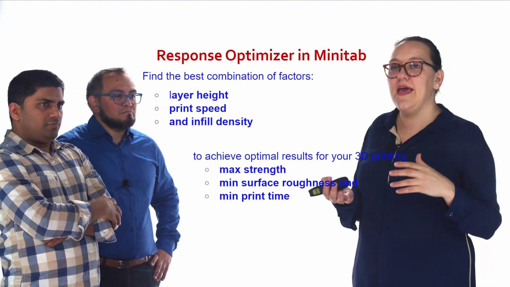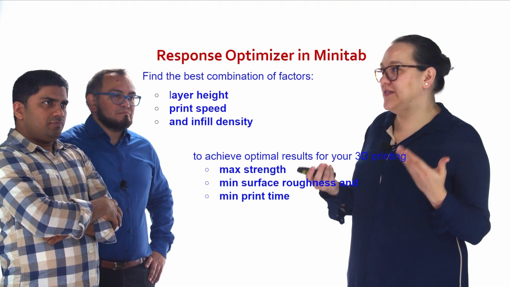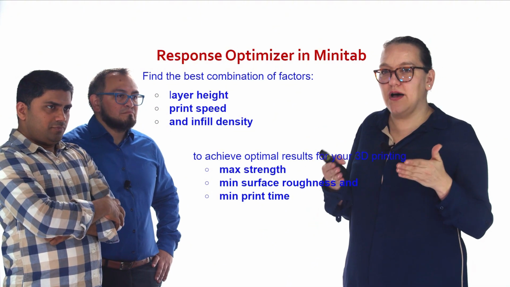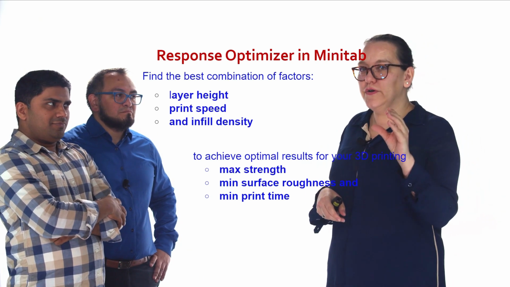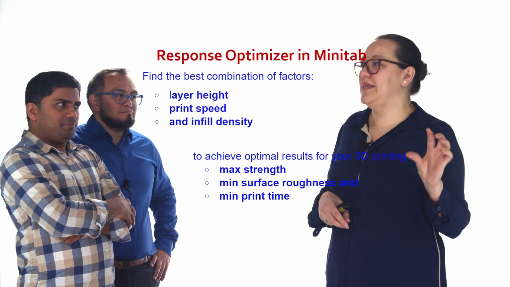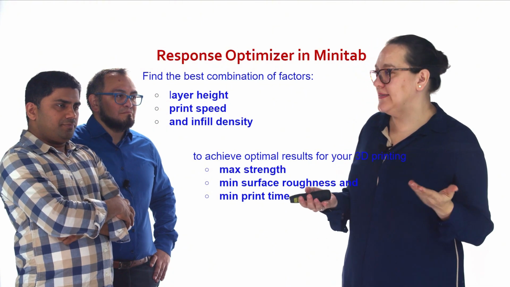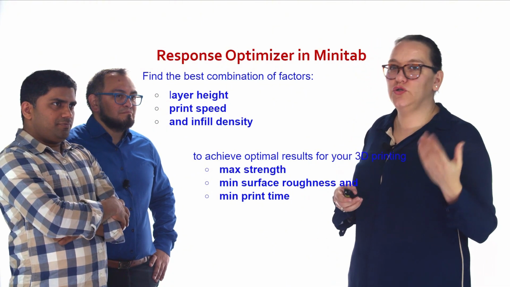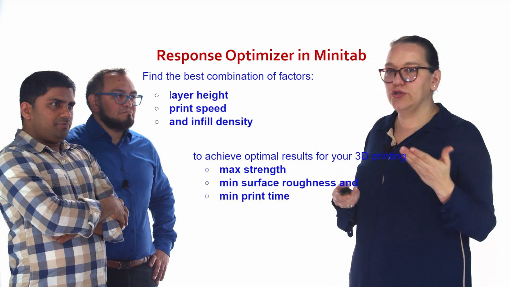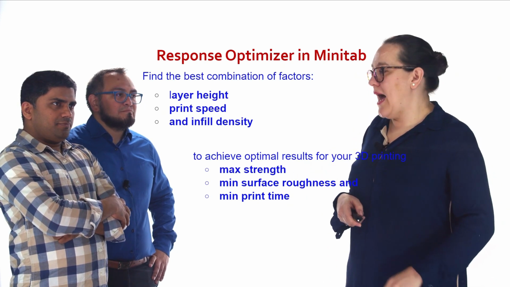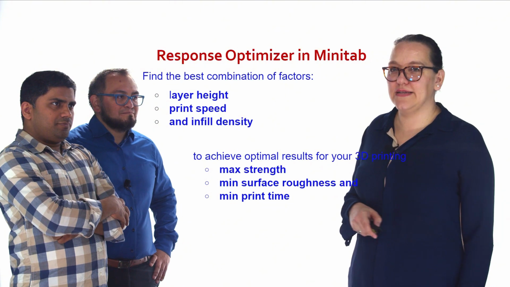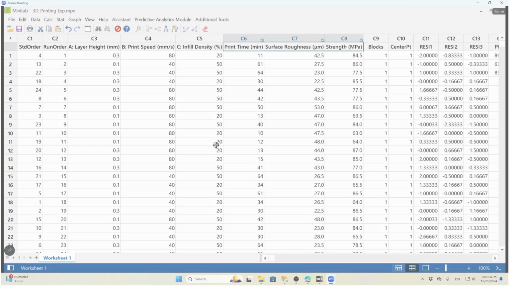In Minitab, there is a tool called Response Optimizer. It will help us identify the values of your settings to minimize these responses. So let's go to Minitab and see the results, and any questions you have, we can discuss. Perfect.